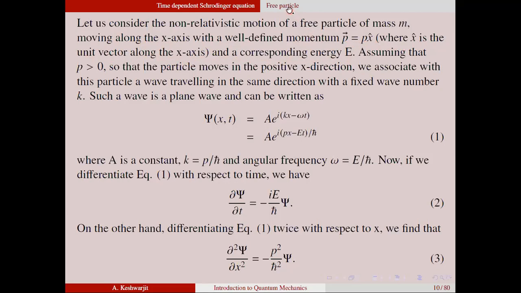It is a free particle. And what is the meaning of a free particle? Can someone tell me the meaning of a free particle?